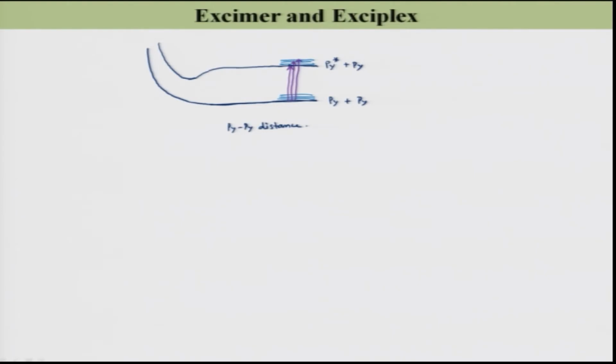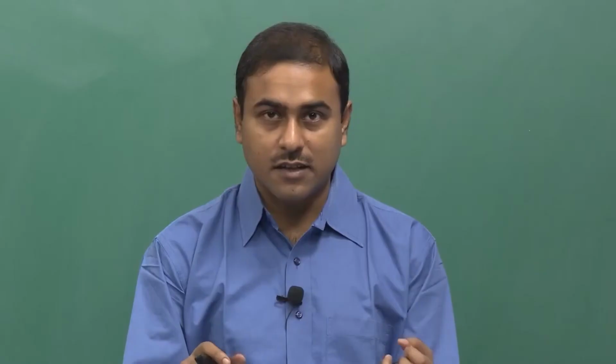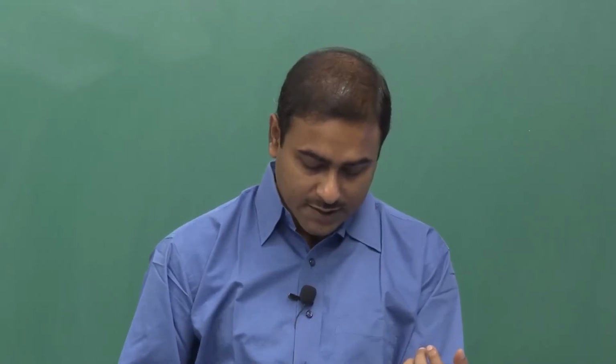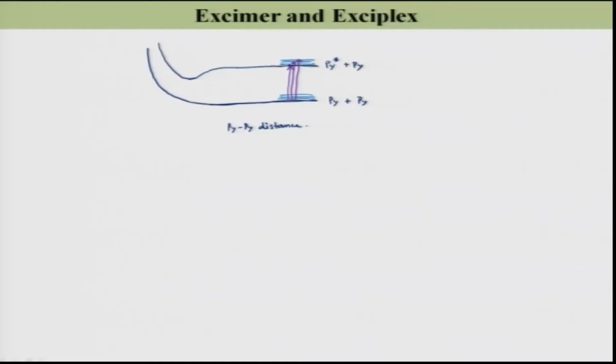Those vibrational fine structures are very nicely visible in case of pyrene. When pyrene relaxes back from the excited state to the ground state, emission will start from here, and it can come from here to here, from here to here, right. So the vibrational fine structures are visible in case of pyrene.